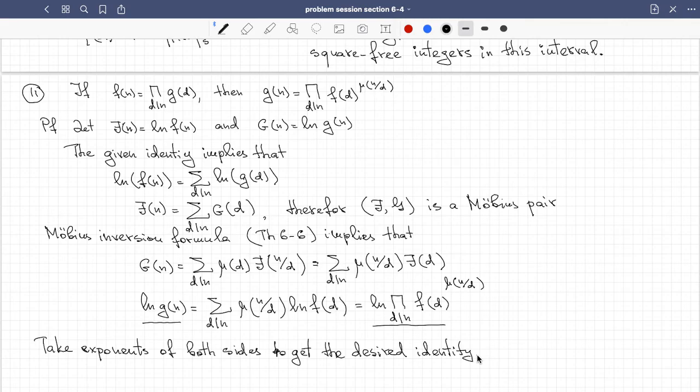Well done. A very small remark here: we could write these powers mu safely, because you see mu is 0 or plus minus 1.